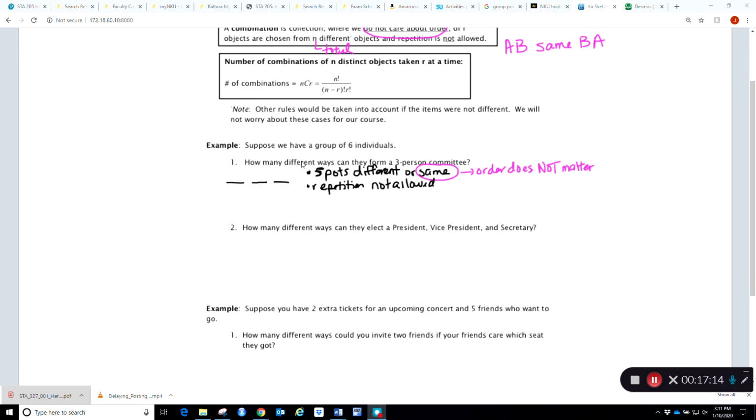This then is leaning me toward a combination, because order does not matter and repetition is not allowed. So how many total people am I choosing from? How many am I going to choose? I then just want to do 6 combination 3.